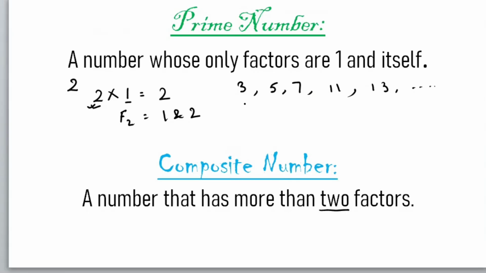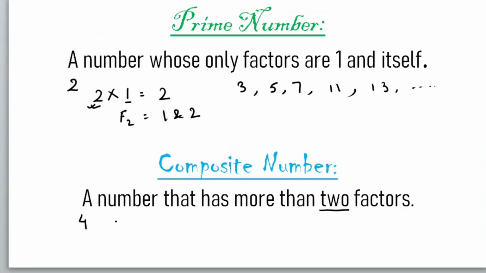A prime number has only two factors, 1 and the number itself. A composite number must have more than two factors. It can be divided evenly by 1, itself, and at least one other positive integer, like 4.